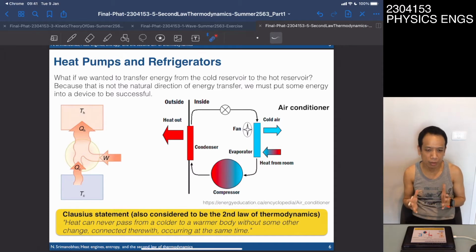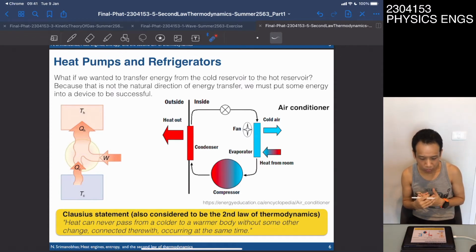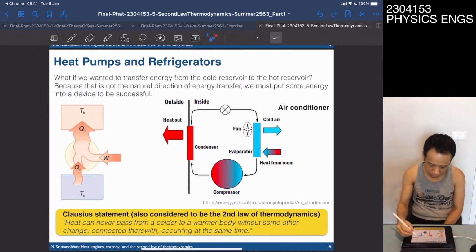You would like something inside the box or in the room to be cold, and then you transfer the heat to outside. Okay, so I just copied the diagram of how the air conditioning works. You have the room, which is this side.